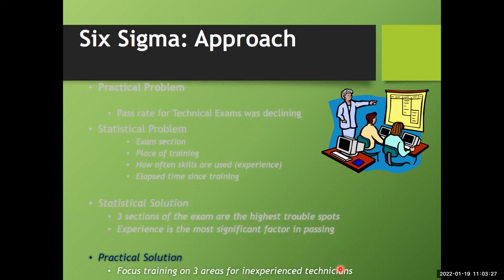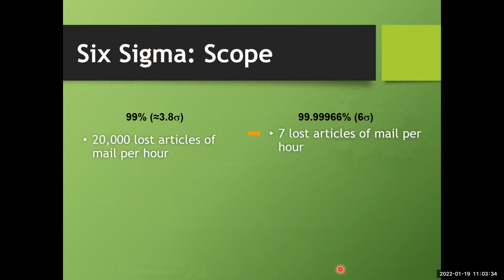Industries are using very advanced tools and techniques to solve problems in a Six Sigma way. Just see the scope of Six Sigma, how much better we can do in the world. This is at the 3 Sigma level, 99%.